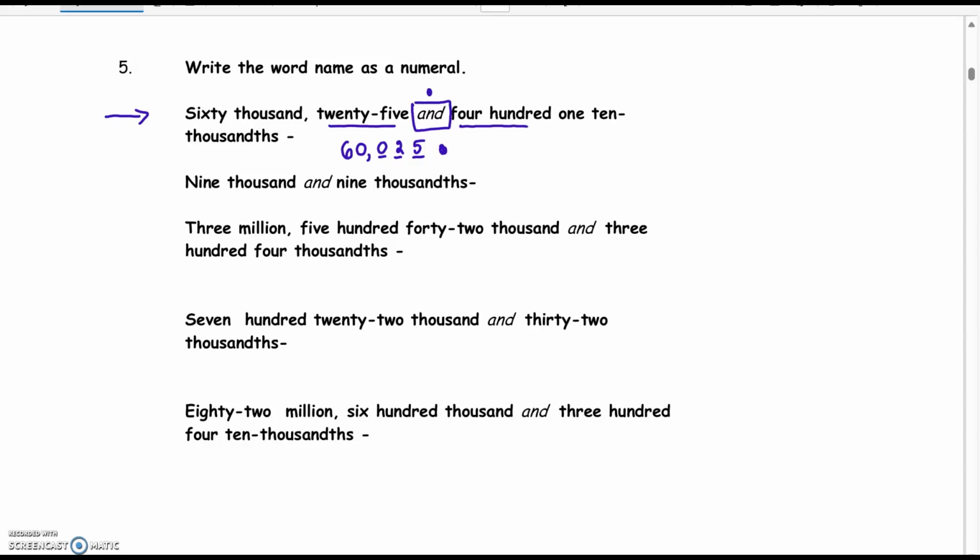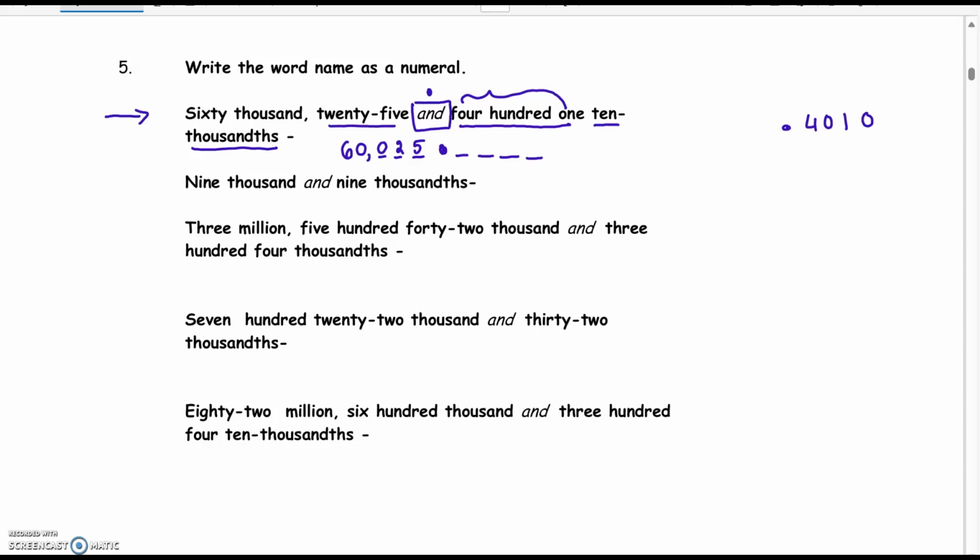401. So that's the number, and read the last part. That's what tells you how many decimal place values this number has. 10 thousandths. So tenths, hundredths, thousandths, 10 thousandths is the next one. And there are 4 decimal place values, and the number has to read 401. Now, if we just wrote 401, we would be forced to add a 0 at the end.